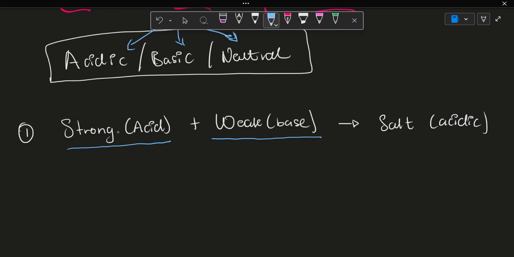So with my strong acid and my weak base, the acid will be more dominant. That is why your salt will be acidic. The acid is stronger than the base, meaning the acid wins the fight, therefore your salt becomes acidic.